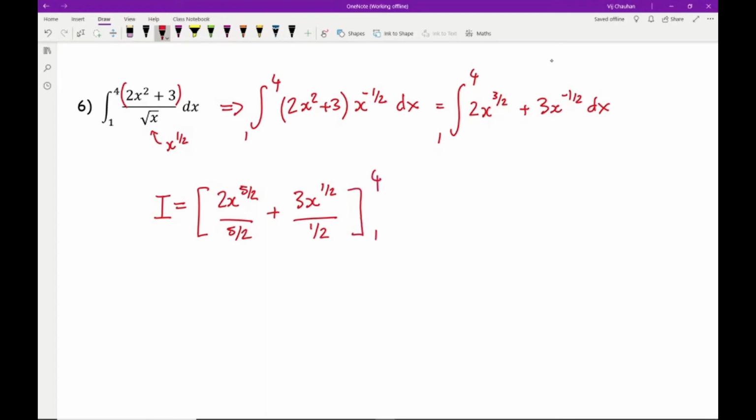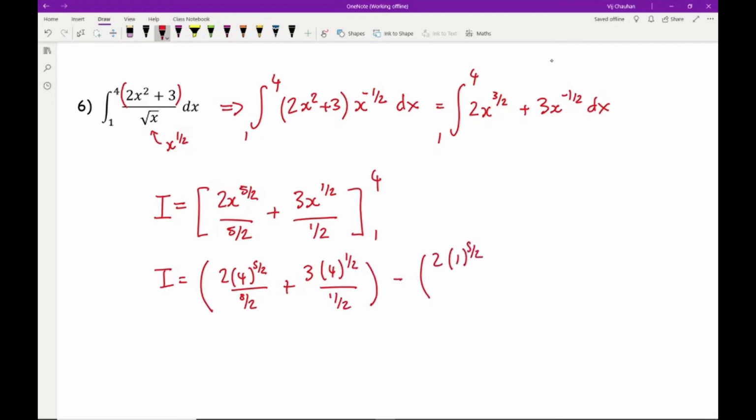1. So again, substituting numbers in, I've got 4 to the power of 5 over 2 over 5 over 2 plus 3, 4 to the half over a half, and that's the first bracket done, minus, now I'm going to substitute 1 into the function, so I've got 1 to the power of 5 over 2 over 5 over 2 plus 3, 1 to the power of a half.